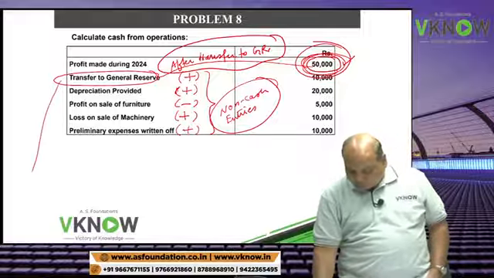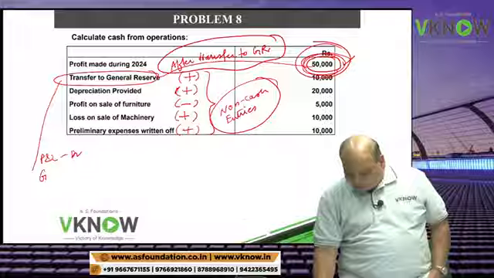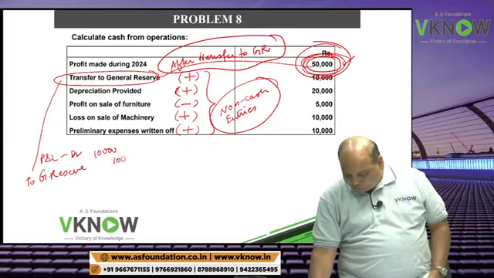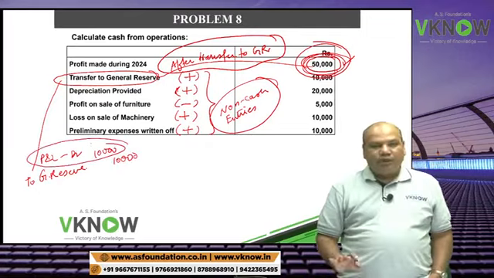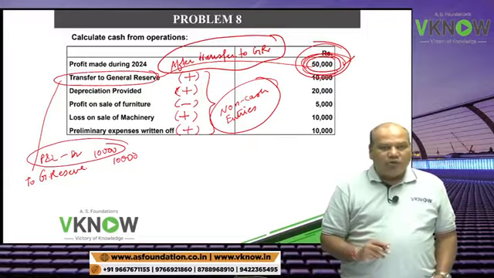The entry for this is P&L account debit to general reserve 10,000, which means your profit and loss got reduced by 10,000, but cash balance has not changed.